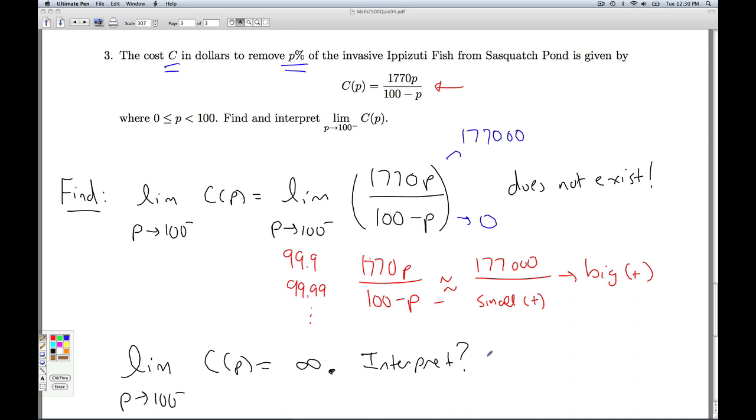So what that really says is it's impossible to remove all the Ipazuti fish from Sasquatch Pond. The more we try to remove, the more the cost goes up and it becomes out of control very quickly. That'll do it for number 3 and hence quiz 4.